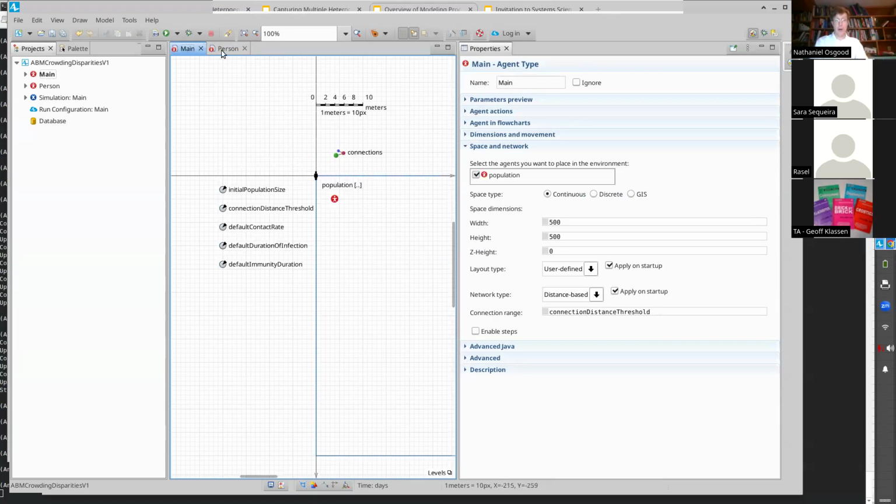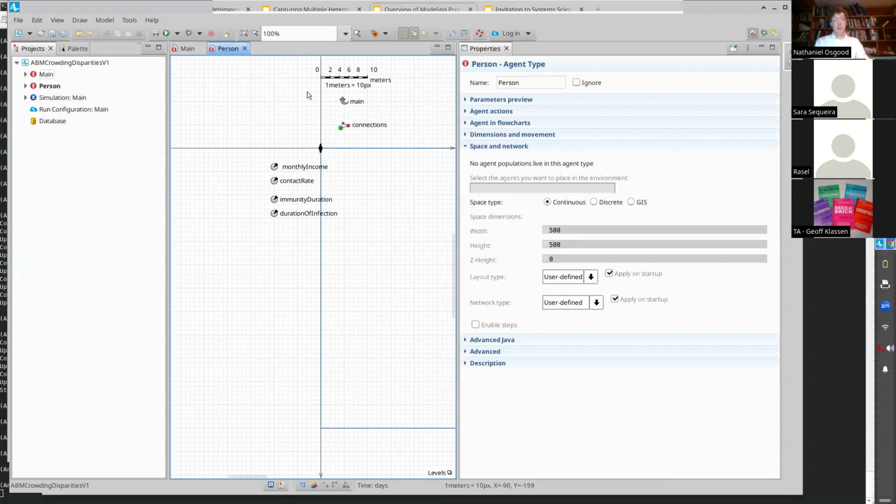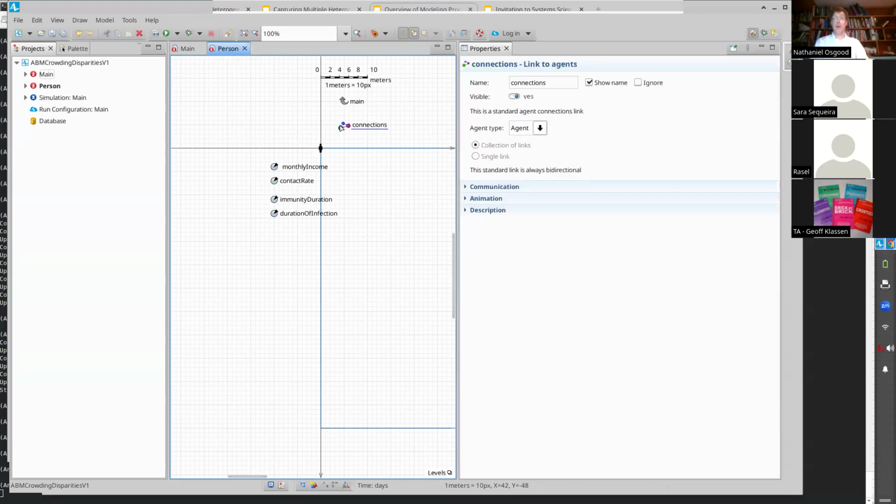You don't want to be futzing with those. You want person's connections. You may ask, why does main need them? Well, people can be inside neighborhoods or schools, and neighborhoods might have connections with nearby neighborhoods. Or maybe they're in a city, and cities have connections with each other that are spatially mediated.